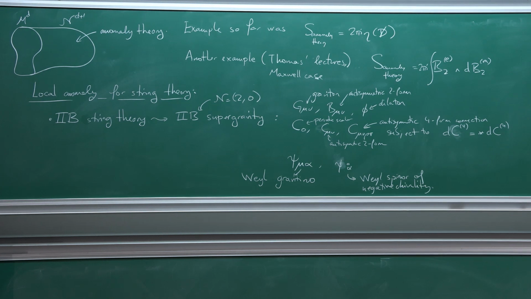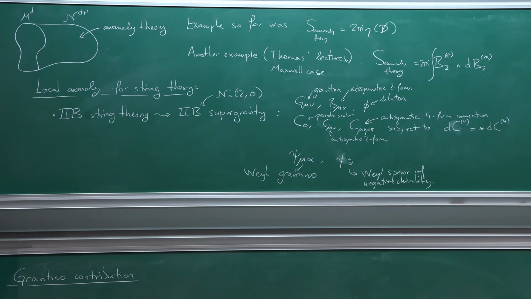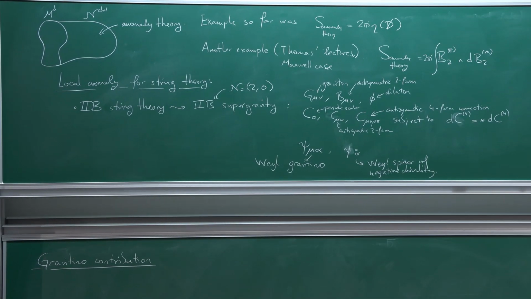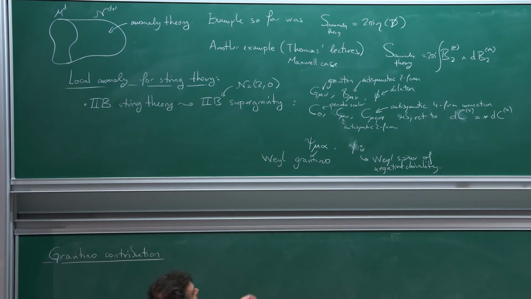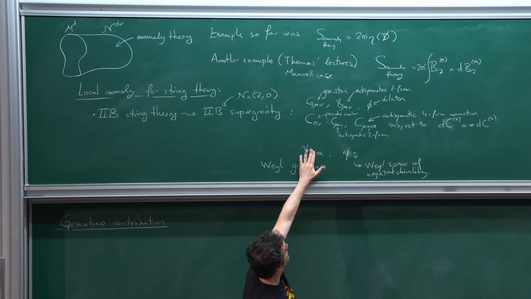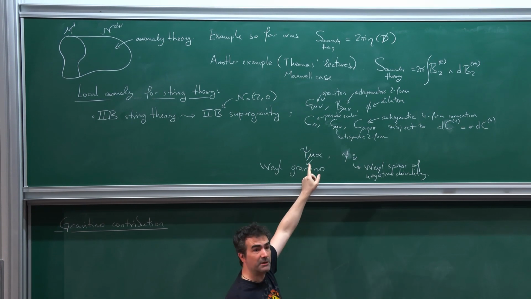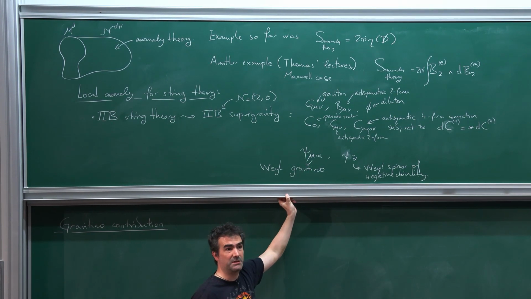So let me start with the gravitino. Luckily, much of the work I have done so far can be recycled here. I won't have to spend a lot of time discussing this case. The basic idea is that I'm going to think of this as a fermion, which is a spinor, which is coupled to a gauge bundle, my E, which happens to be a tangent bundle. And it couples in the vector representation of the tangent bundle.